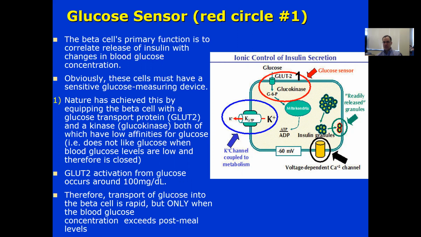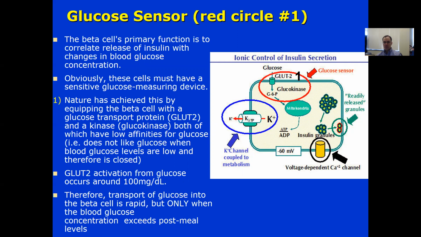So the first thing is to understand that the beta cell's primary function is to correlate release of insulin with changes in blood glucose concentration. Because these cells must have a sensitive glucose measuring device, otherwise insulin would be released continuously even when blood sugar levels are low, and that could cause someone to fall into a coma or even worse. So the fine-tuning of controlling insulin release starts with GLUT2 and glucokinase.